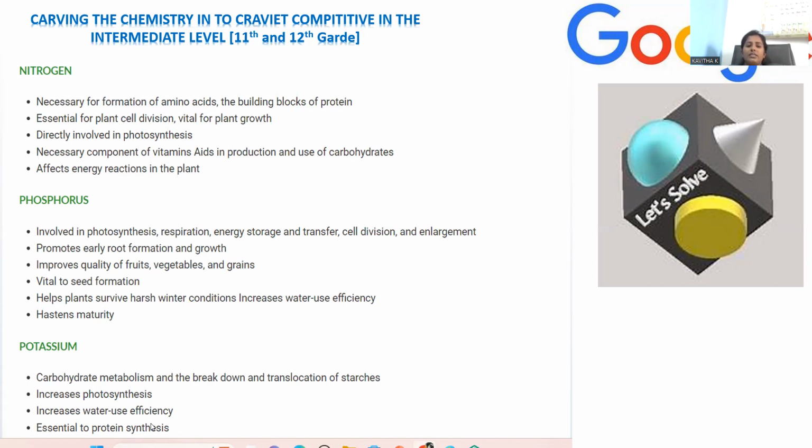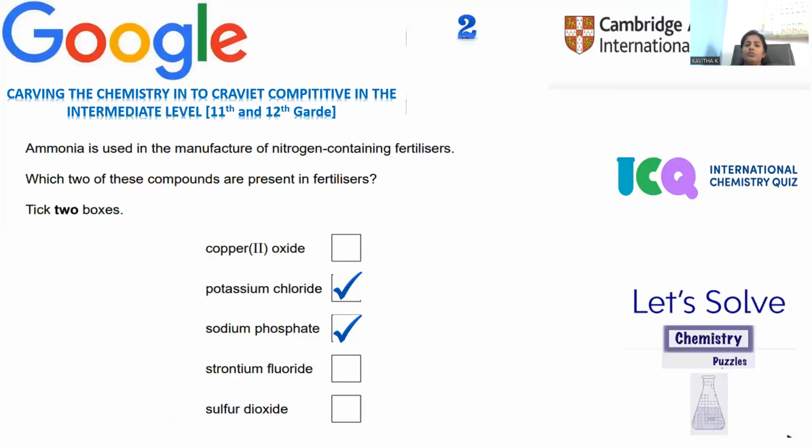To synthesize protein we need nitrogen, but potassium facilitates and increases the process of protein synthesis. This is the way nitrogen, phosphorus, and potassium play a vital role and are called macronutrients, required in bulk quantity to grow the crops and give high yields.